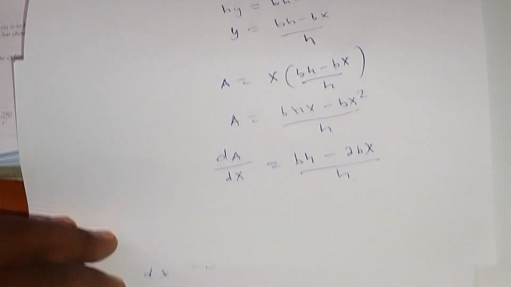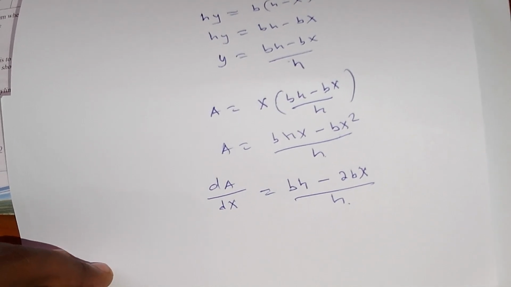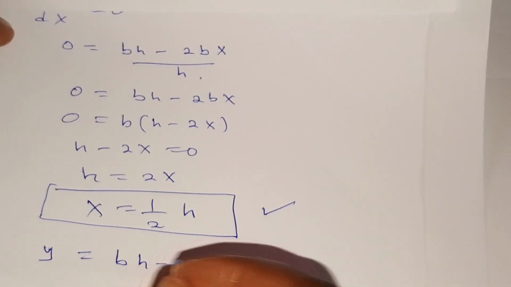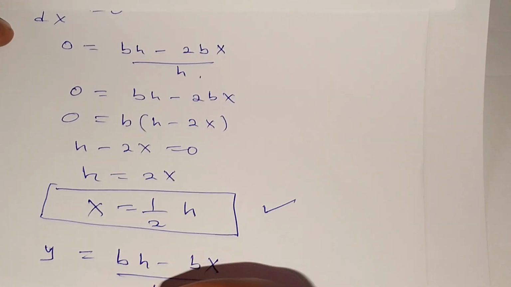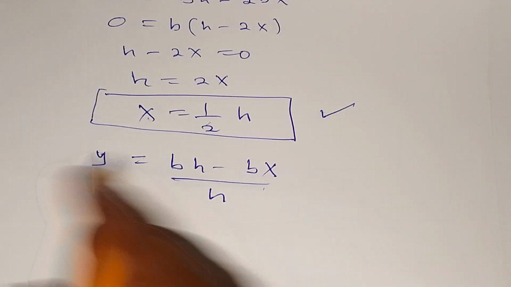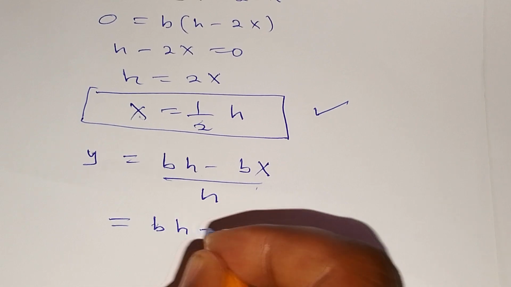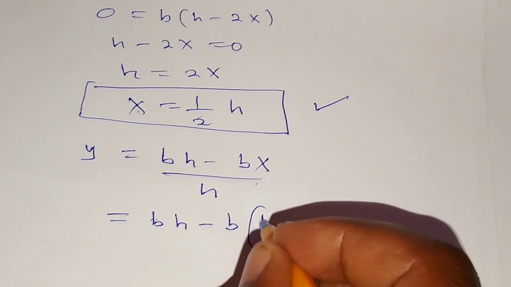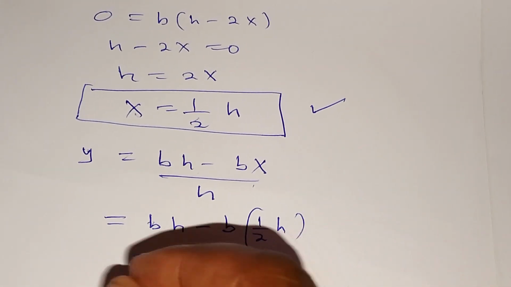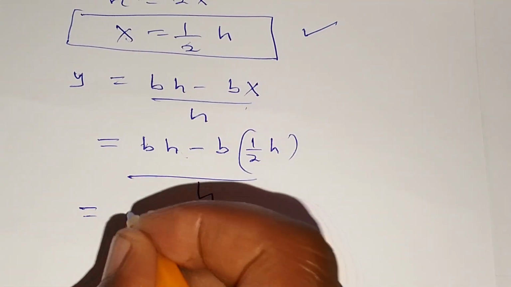Then we go back to where we said that y equals (bh minus bx) over h, and see what happens. If you substitute this x here, we have (bh minus b times a half h) over h. By so doing, h becomes common, so we can factor h out.